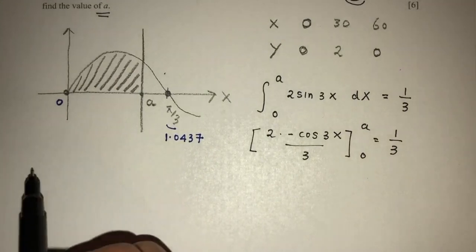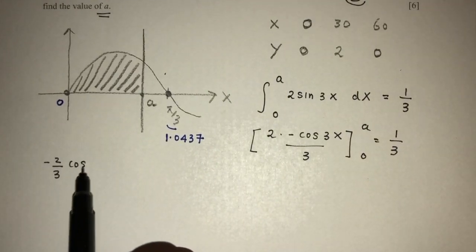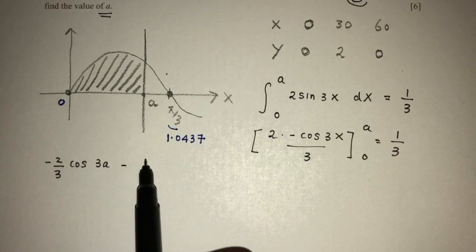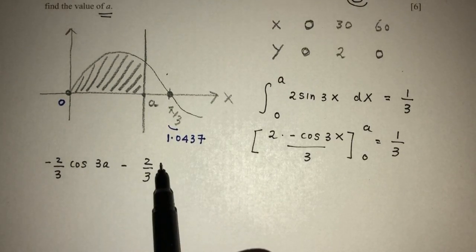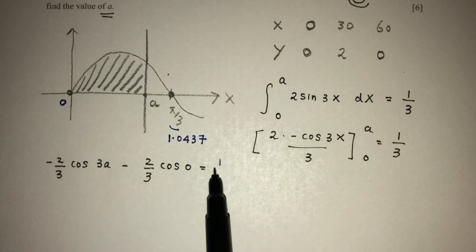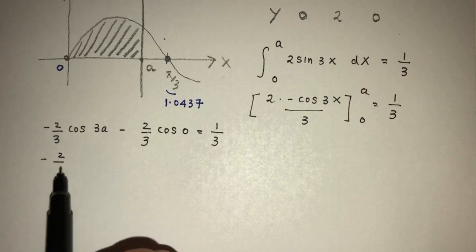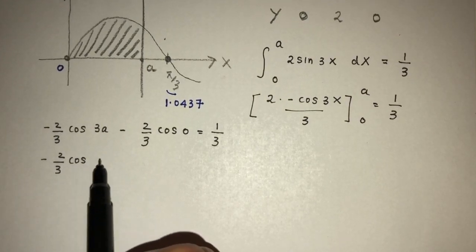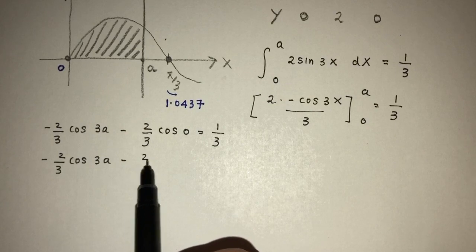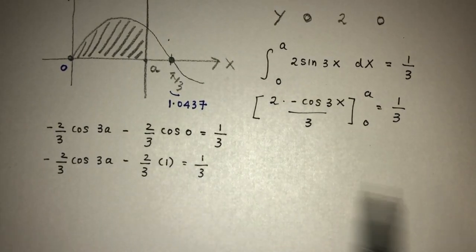Now let's simplify. You will have minus 2 over 3 cos of 3a minus, minus 2 over 3 cos of 0, equal to 1 over 3.